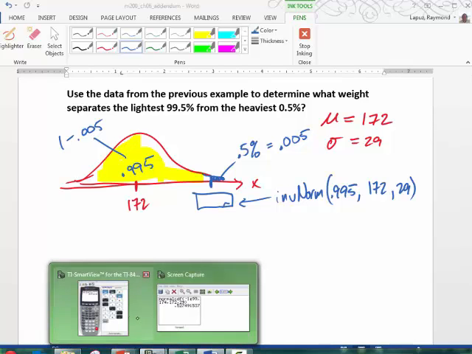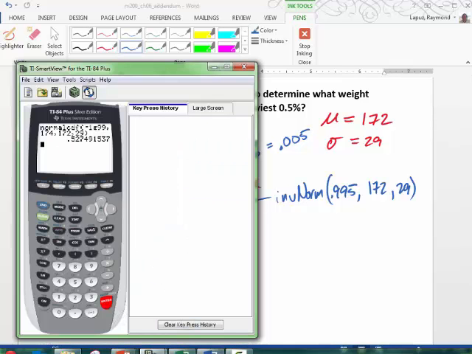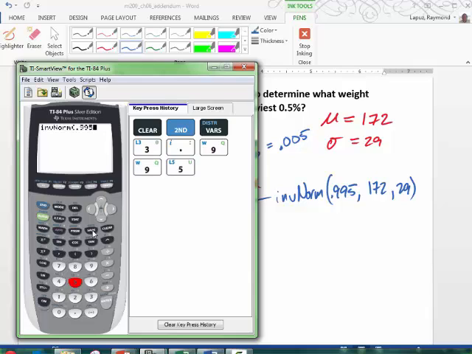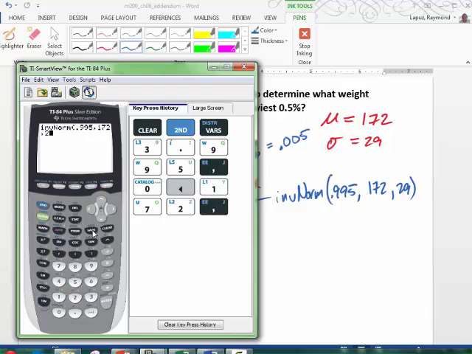So let's punch that into our calculators. And we go second function, distributions. The inverse norm is the third one. Inverse norm 0.995, throw a comma, oops, there isn't a 0 that came there, so a comma, 172, and then a comma, and then a 29.